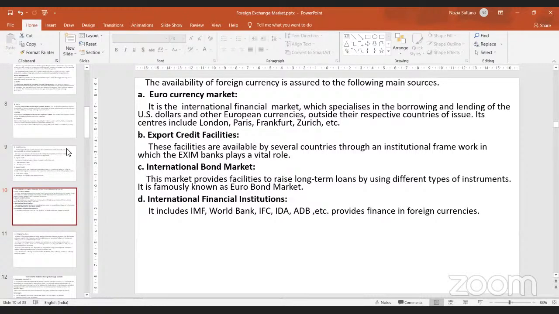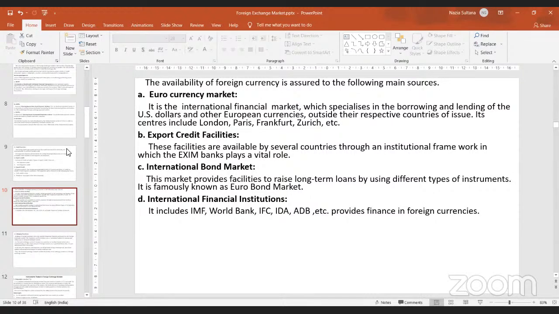So you have the bond market also, through which foreign currency becomes a source for them to raise. For example, you have euro bond market, where you can invest in the bonds, and then your country's currency gets converted into euro, and then equivalent bonds will be issued to you. So that way you have that also as a source.